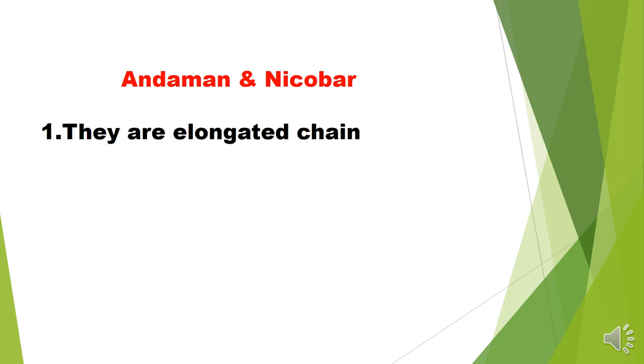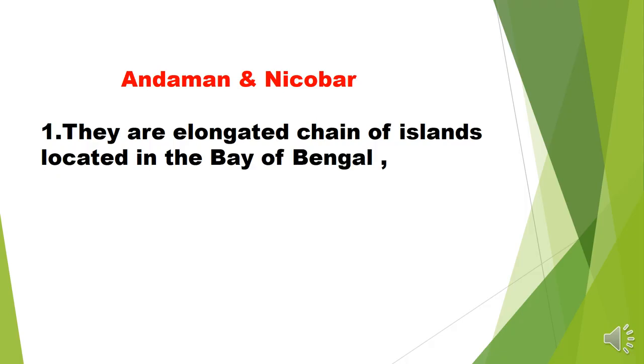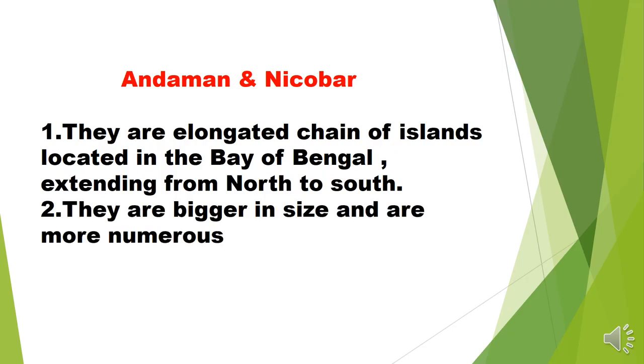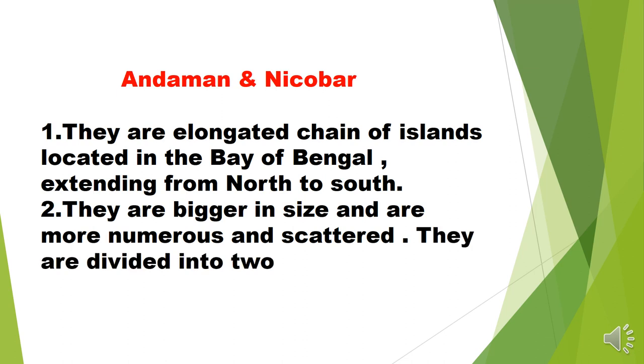Next is Andaman and Nicobar. Andaman and Nicobar lie in the Bay of Bengal and they form an elongated chain, a long chain of islands. They divide into two parts: the northern part is called Andaman and the southern part is called Nicobar.